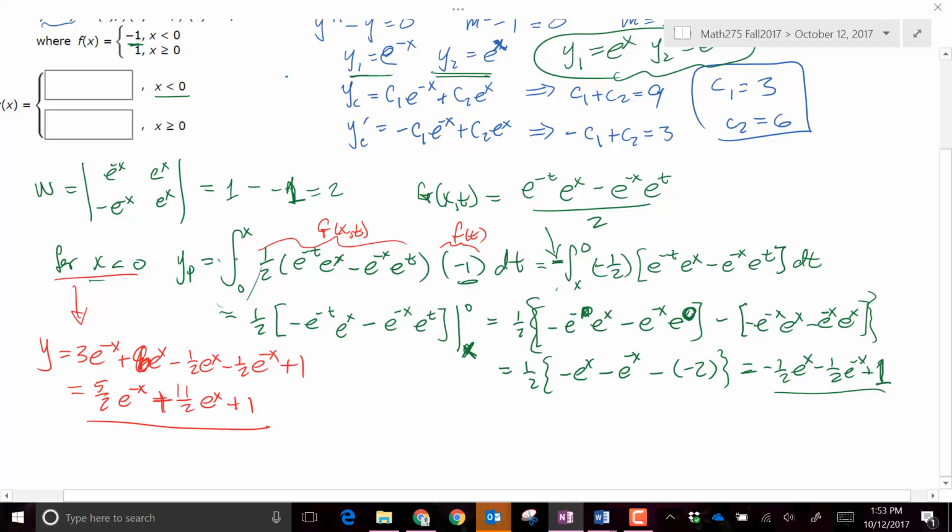All right, now you guys can do the other part. The other part's almost the same, except your function here would be positive 1 instead of negative 1, and then you would walk through the same process, which I think would give you the same answers, except the answer that we were looking at with a negative. Might as well type it in. Let me see if it works.